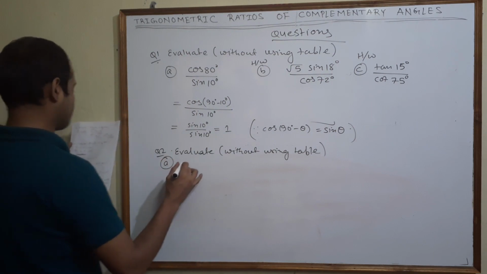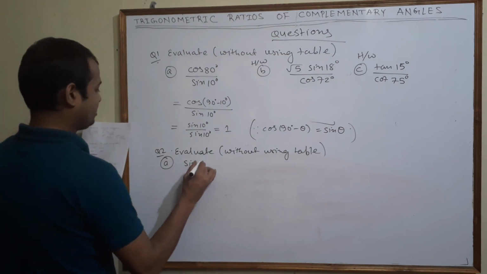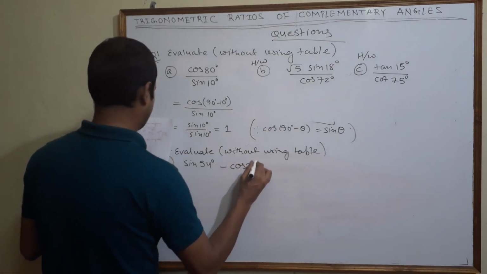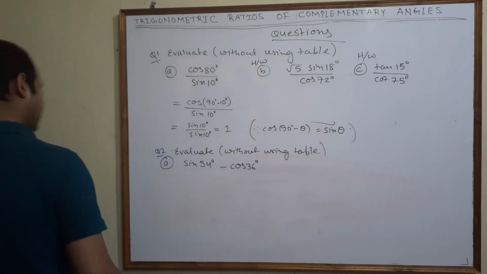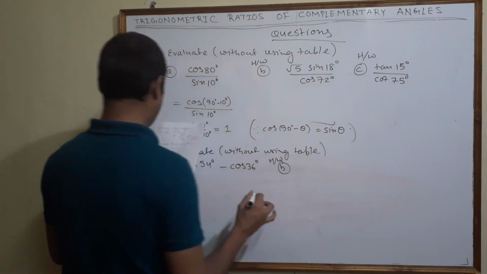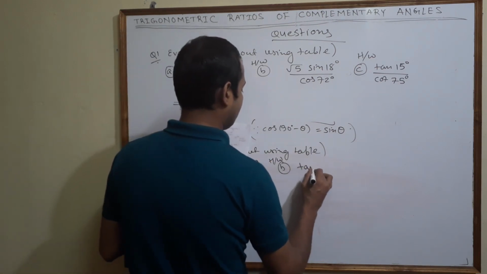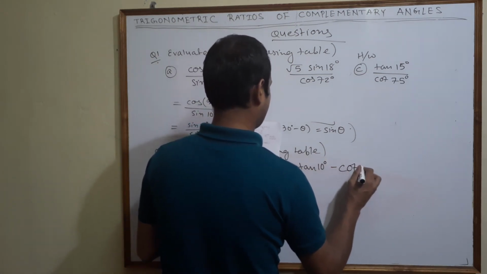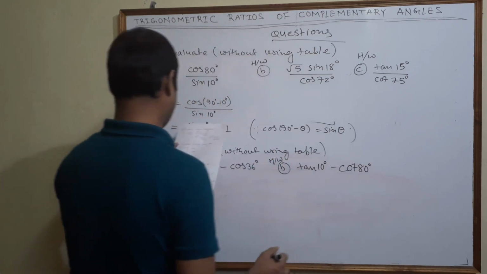A, sin 54 degree minus cos 36 degree. B, this I will leave as a homework for you: tan 10 degree minus cot 80 degree.